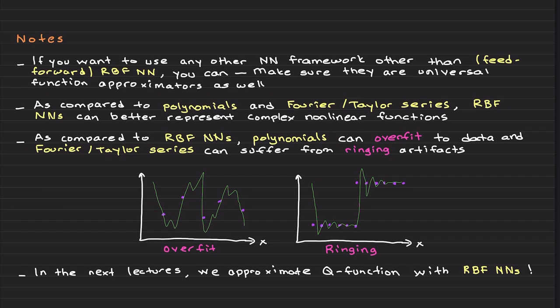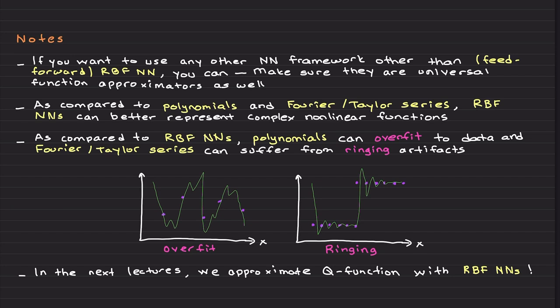All right, a couple of notes to mention. If you want to use another neural network other than this feed-forward radial basis function network, you can. Make sure the ones that you are going to use are also universal function approximators, so you can replace it with any type of shallow or deep neural network. Make sure they obey some universal approximation theorem.